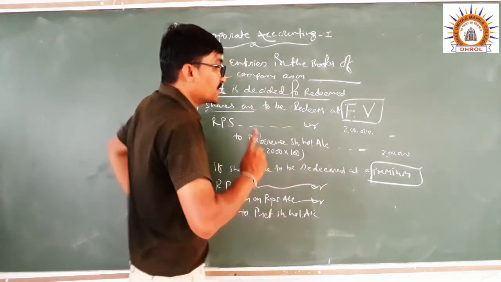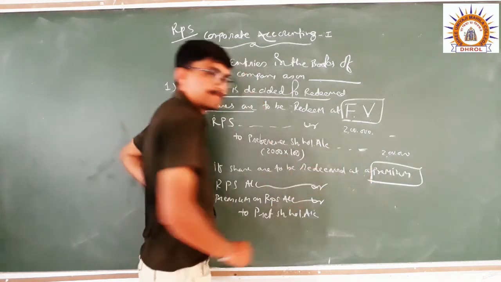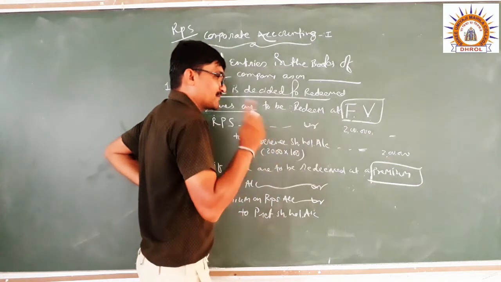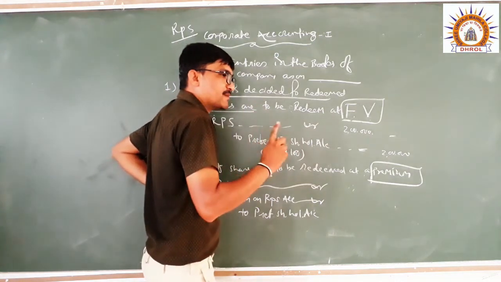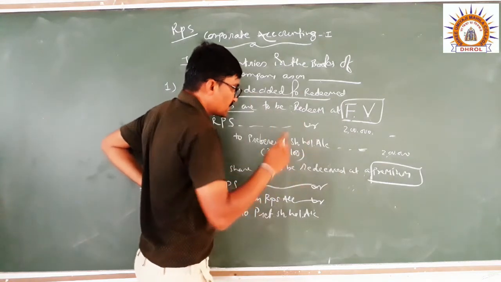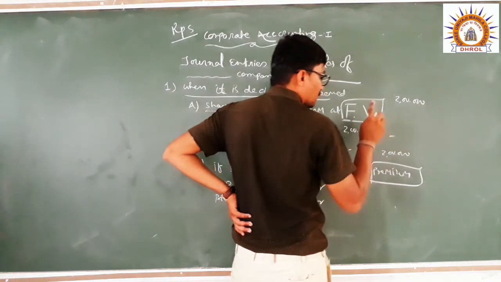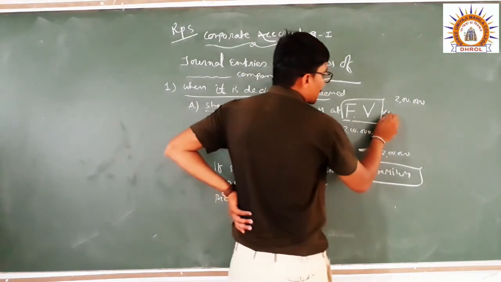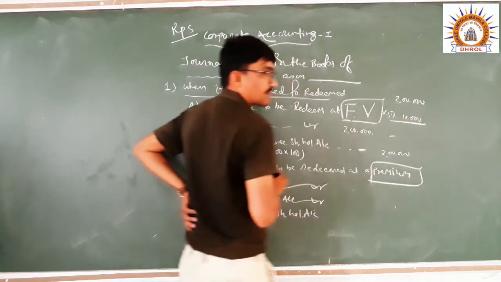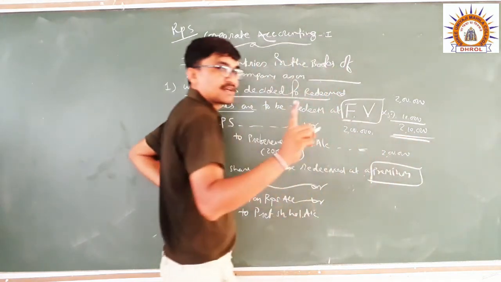If the company redeemed its preference share capital at a premium, here is the face value, and the shares are to be redeemed at a premium of 5%. So 2 lakhs rupees face value multiplied by 5% is 10,000. The amount of premium is 10,000 and total preference share capital redeemed is 2 lakhs 10,000.